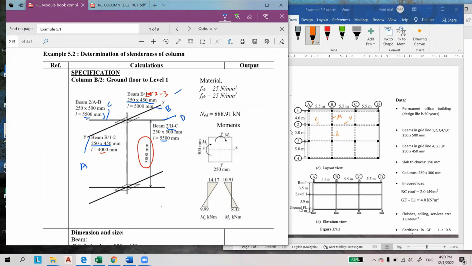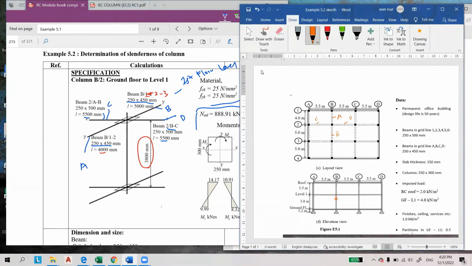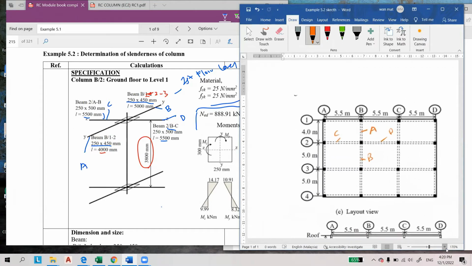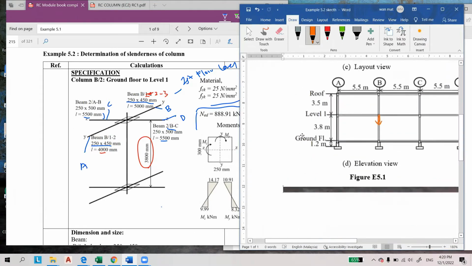This is the first floor level, and this is the strength of materials. And then this is N. N is the actual force obtained from up to here, because we want to design the column and determine whether the column here is slender or short.